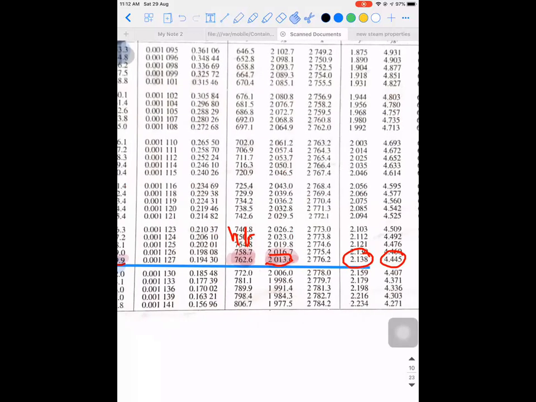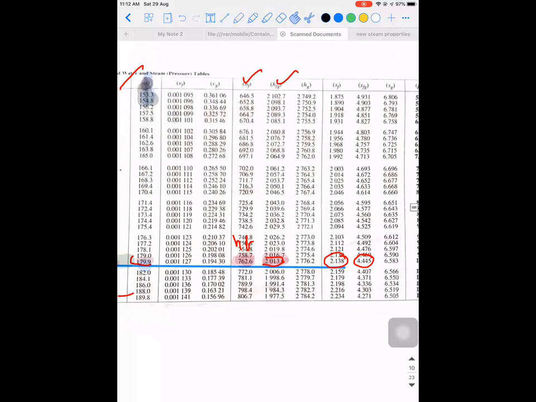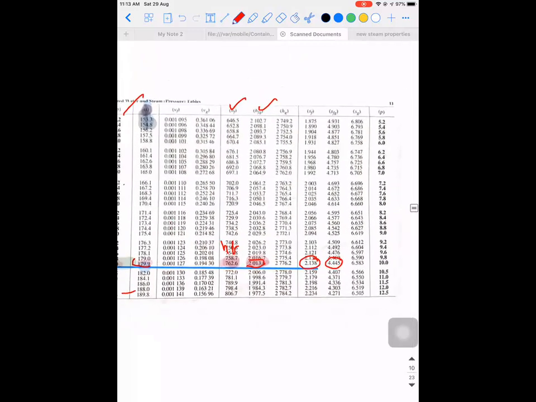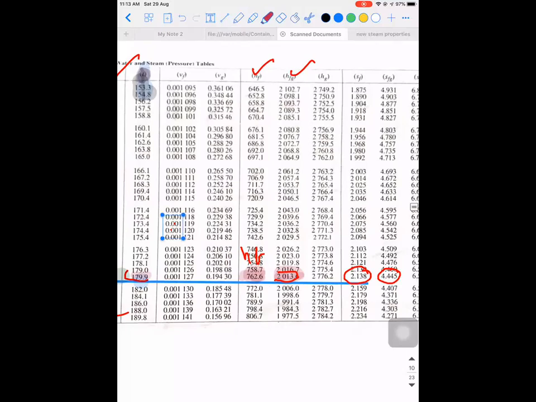That is equal to Vg, and these two things we are able to get. This is the Vg and this is Vf.